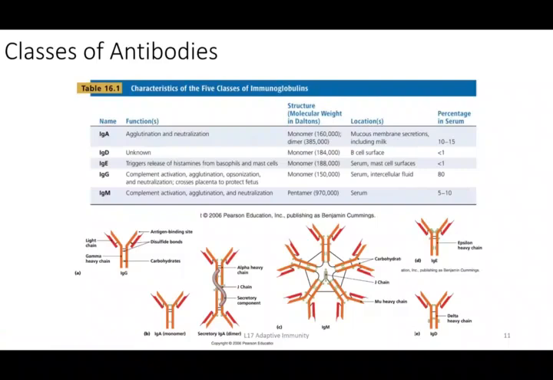So antibodies, as we said before, have this characteristic shape. That's the shorthand version of it. And you can see there's the antigen binding site that we were talking about at the end of each arm. You don't have to memorize this, but I just wanted to put it up there to show you that not every antibody is exactly the same.